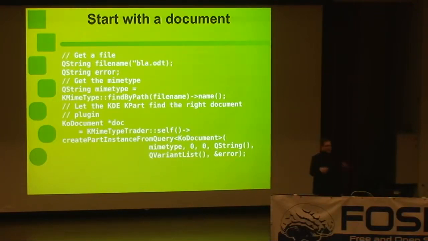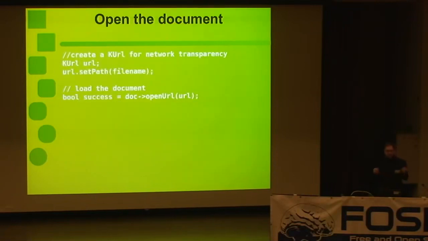All Calligra documents are based on KoDocument, so that's the class we are going to get. We haven't opened the document yet. We just have an instance of a class which comes from a plugin. So the set of documents we can read is extensible.